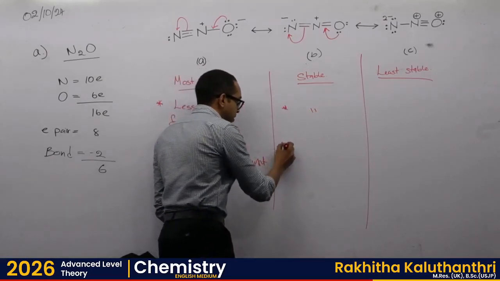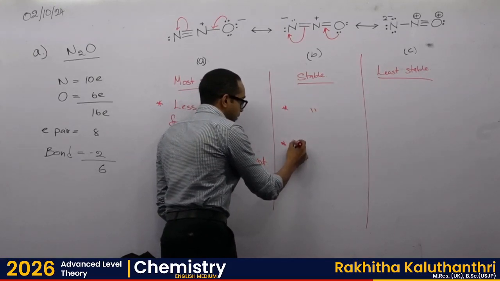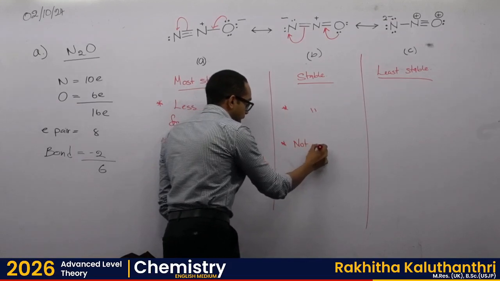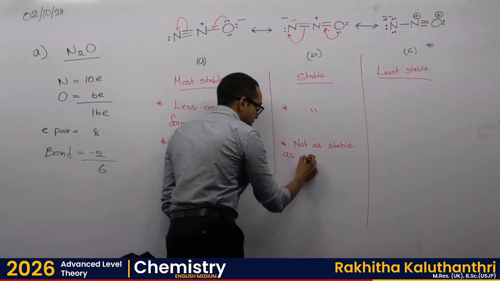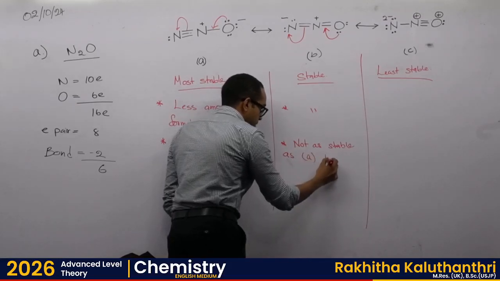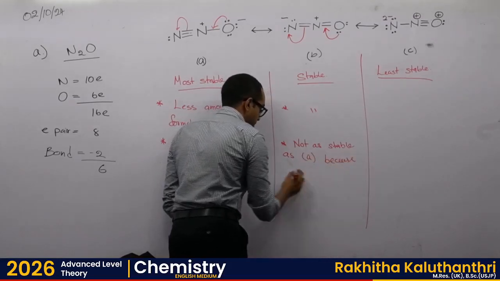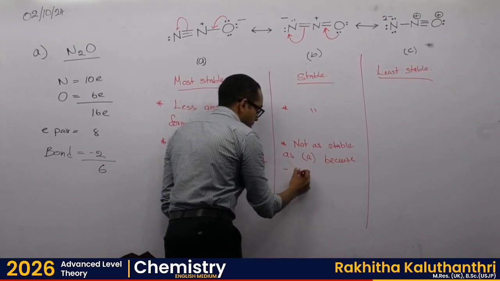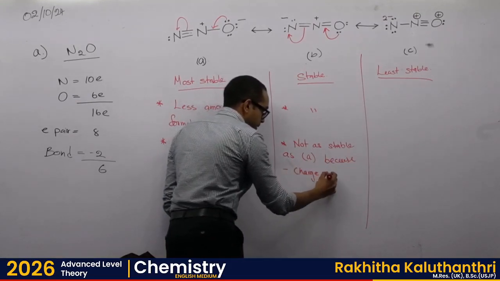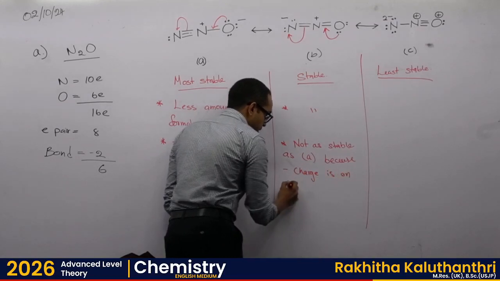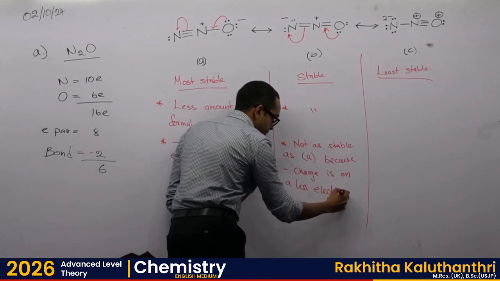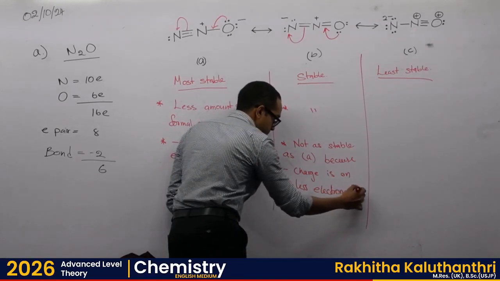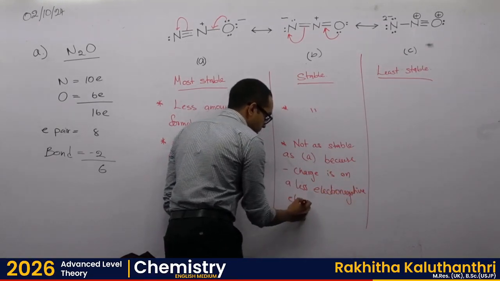However, you can write not as stable as A, because negative charge is on a less electronegative element.